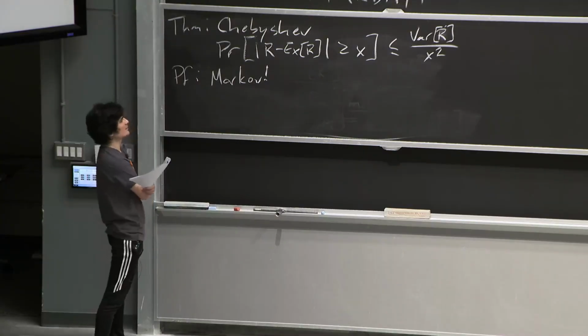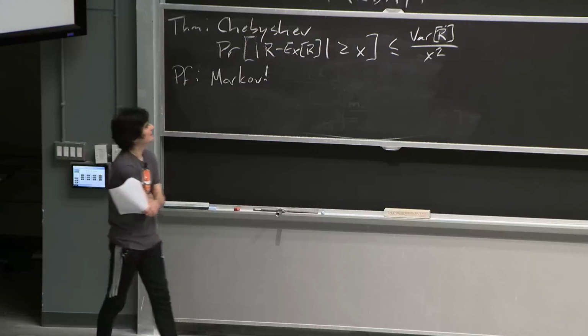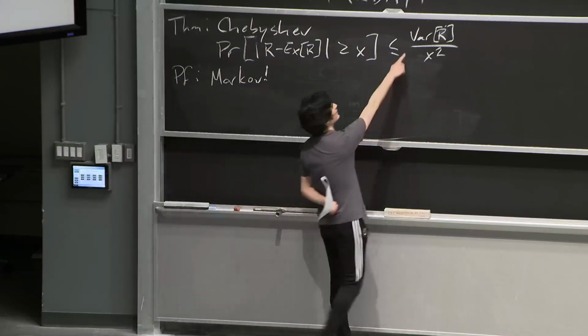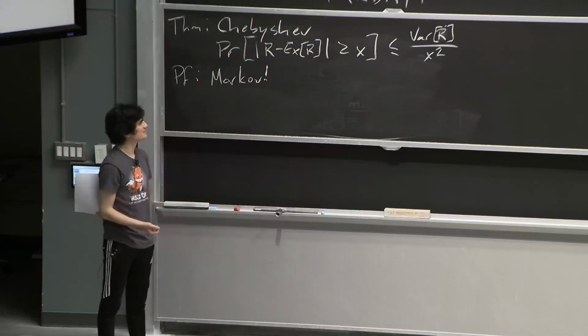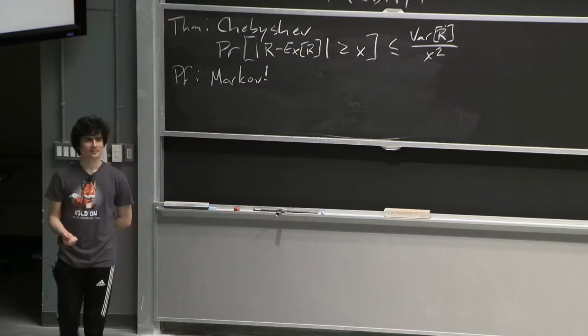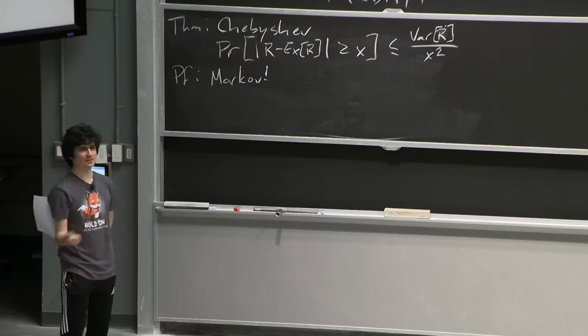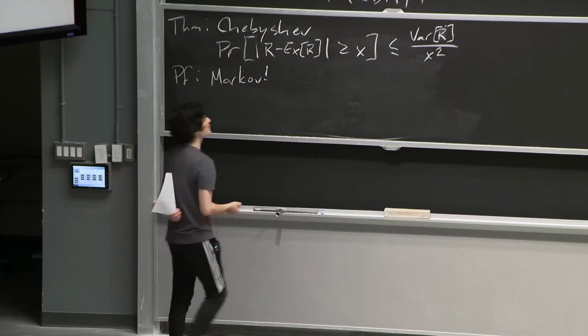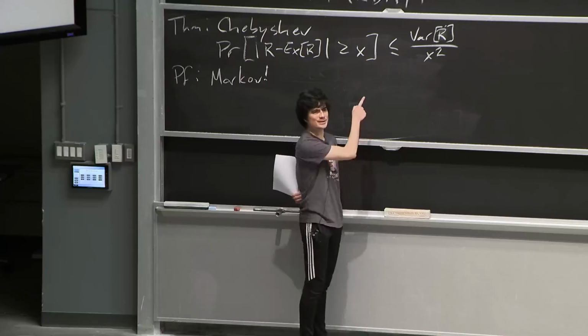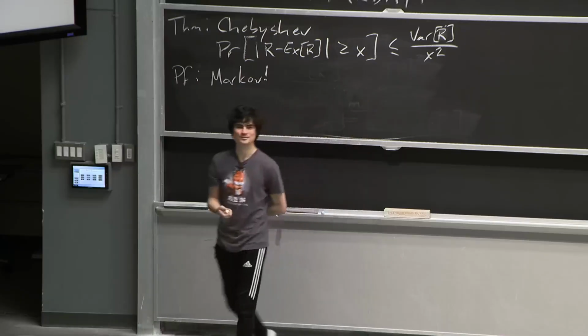Well, maybe here's a way we can cheat. In Markov's inequality, the bound that we get is the expectation of our random variable, right? So can we define a random variable whose expectation is the variance of R?